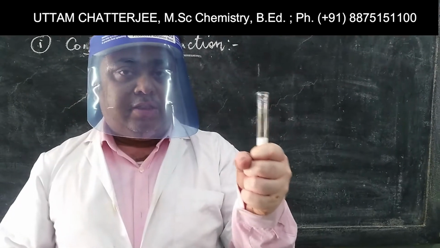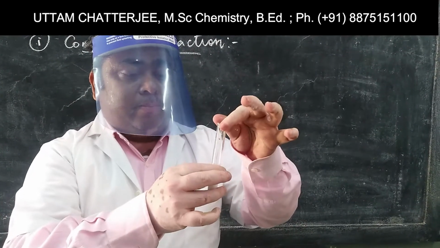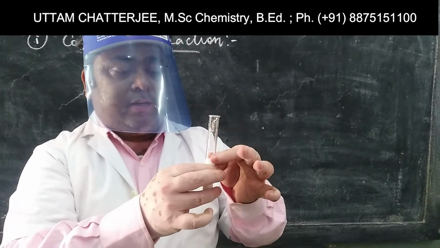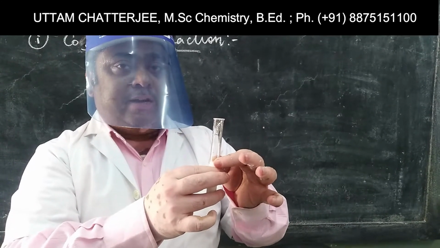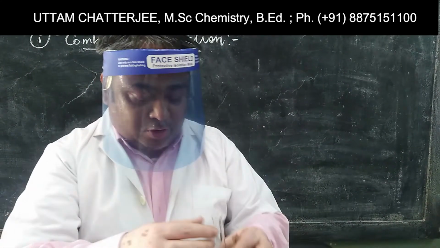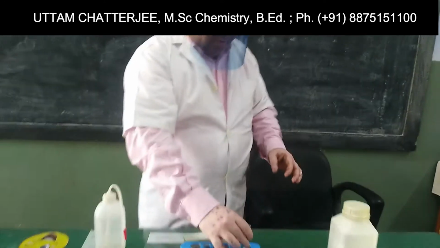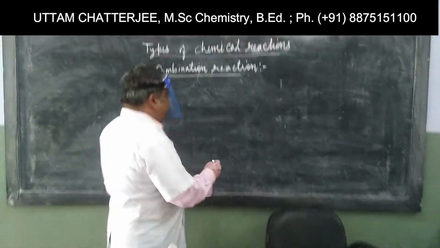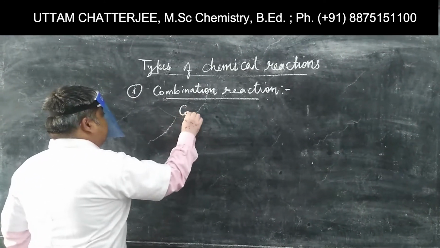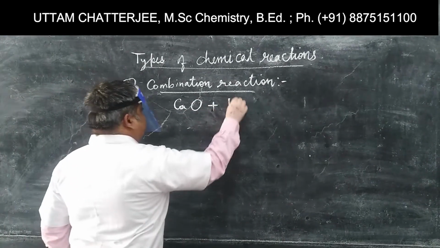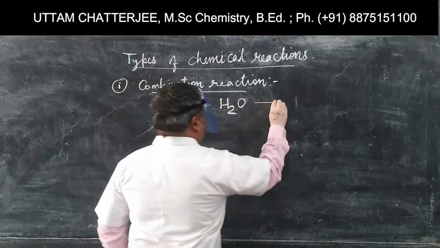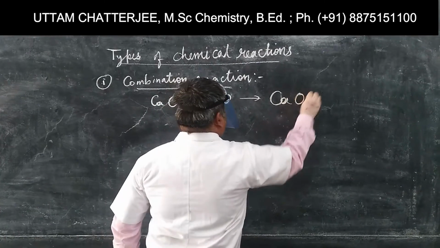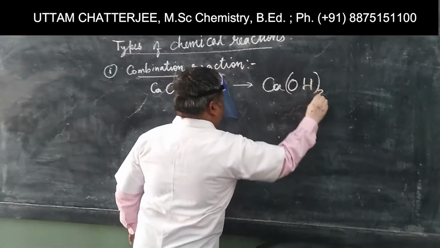I cannot make you feel it in the video, but I am feeling it warm because calcium oxide in water forms calcium hydroxide and heat starts evolving. So if you were to write it as a chemical reaction, you write CaO, calcium oxide, plus H2O will form Ca(OH)2.